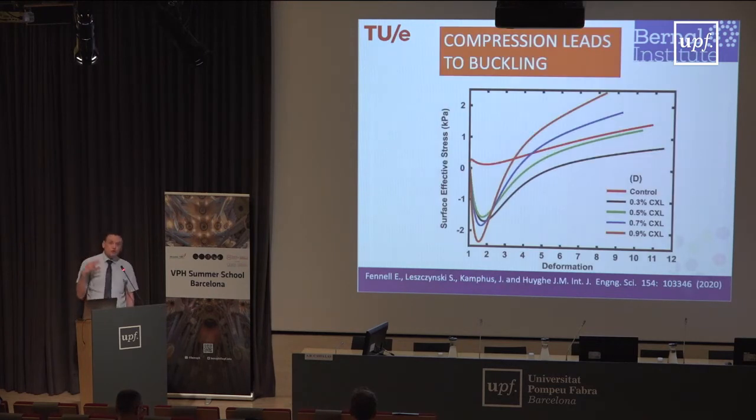So what happens during that swelling is, in fact, underneath the surface, you have a strong compression building up. Here you have surface effective stress. It goes strongly into the negative before rising up again. And this strongly going into the negative is the source of the surface instability that takes place.